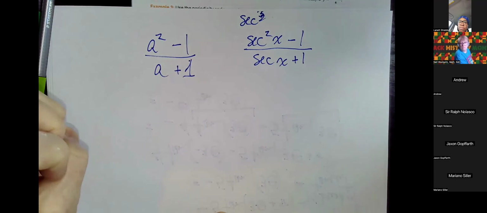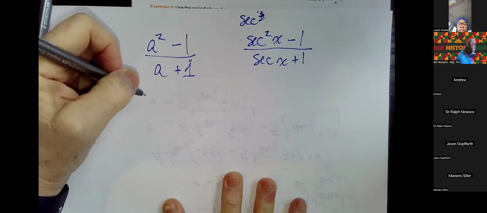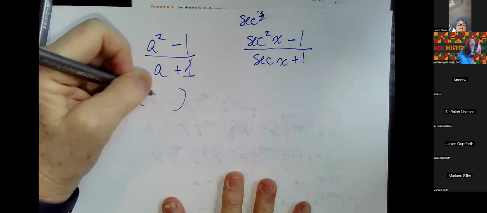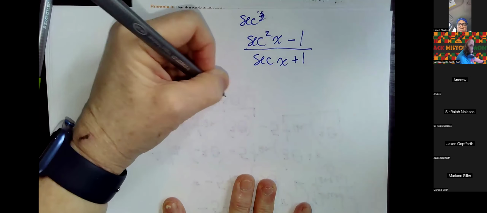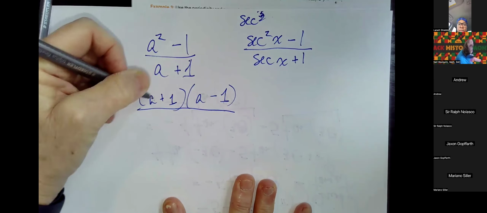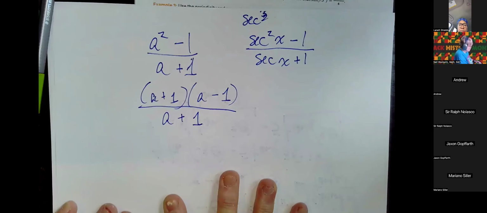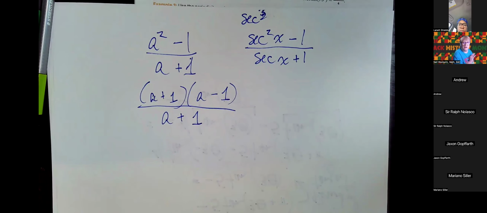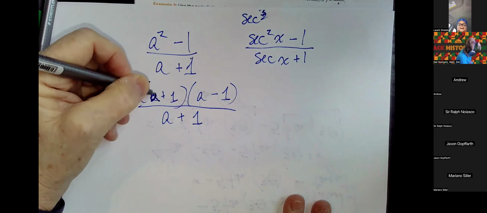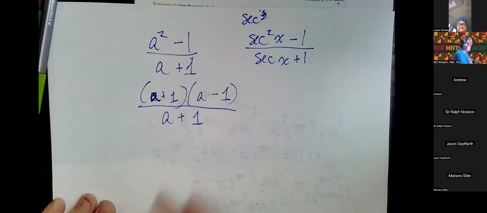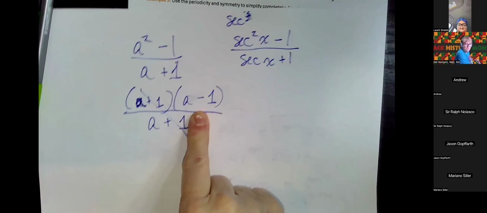How? It would be a plus 1 times a minus 1. Good. And that's called the difference of squares. We're going to use that so much every single day that you'll love it as much as I do by the end. So we can strike out the a plus 1. We'll be left with a minus 1.